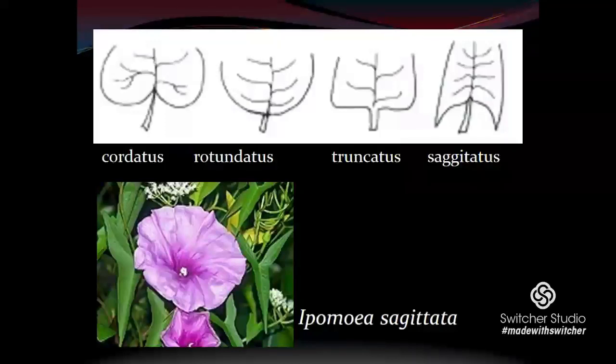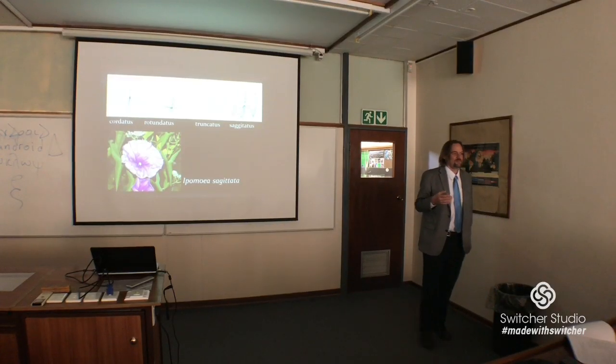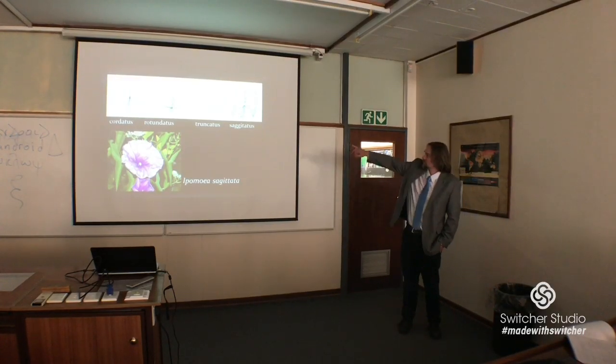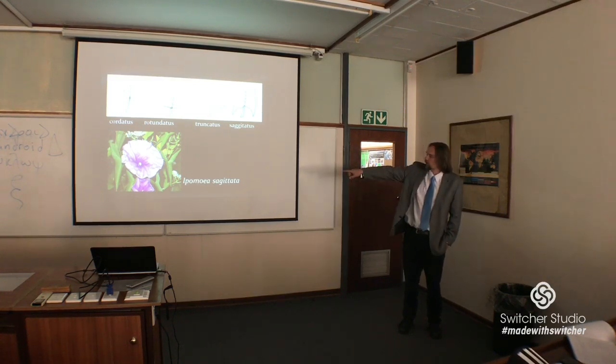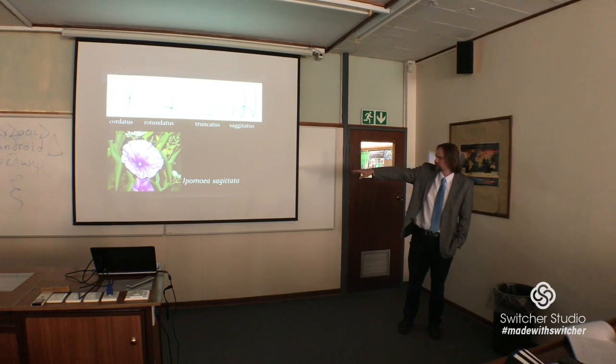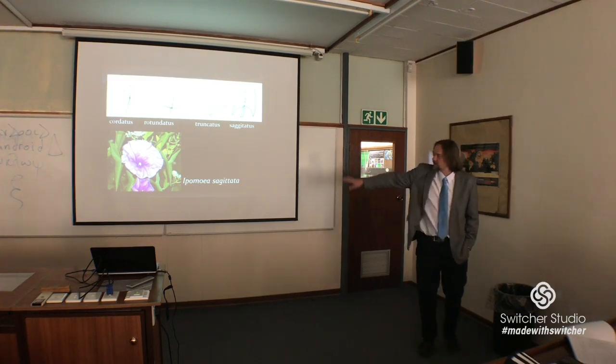What's a Sagittarius? It's somebody. The arius at the end is a worker of Sagitta. Sagitta is an arrow. So Sagittatus, that's the back of an arrowhead. There's an Ipomoea, it's a kind of morning glory. Ipomoea sagittata, if you look at the leaves.